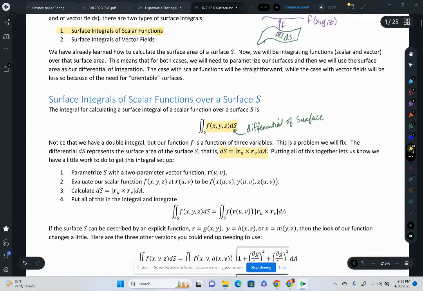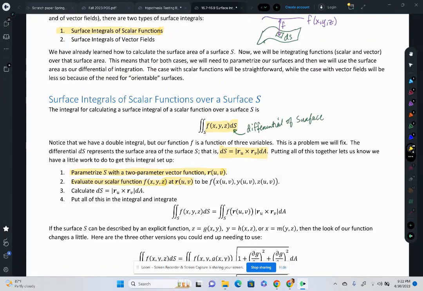And so what I mean by that is, if we look at these steps, first we parametrize S with a two-parameter vector function, r of u, v. In the second step, we evaluate our scalar function, f of x, y, z, at r of u, v. And so remember that r of u, v has components x of u, v, y of u, v, and z of u, v.